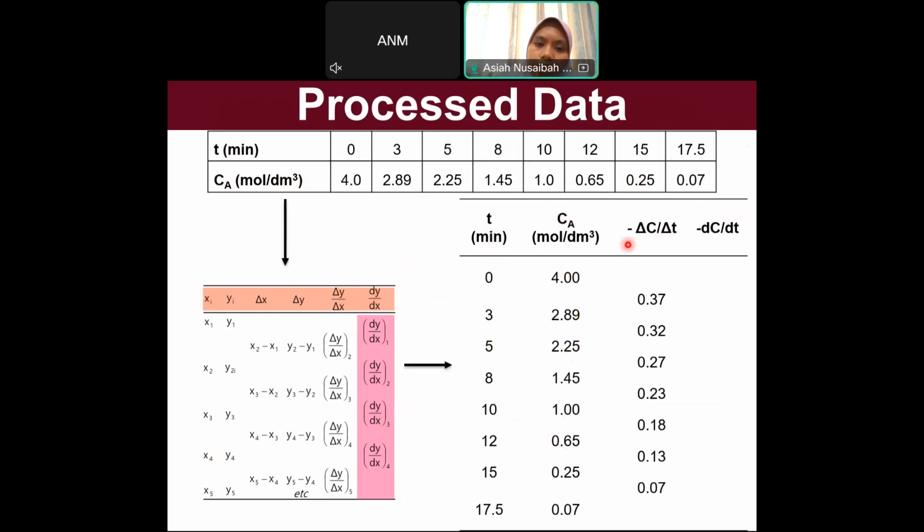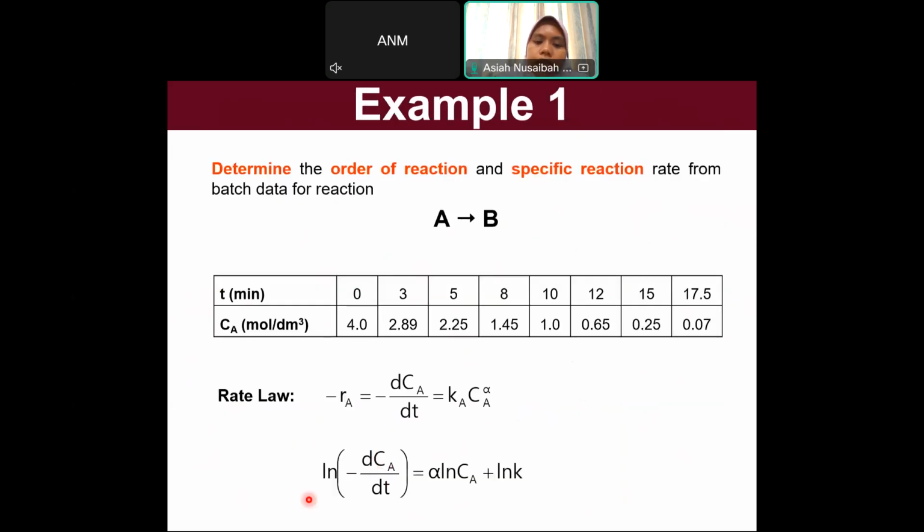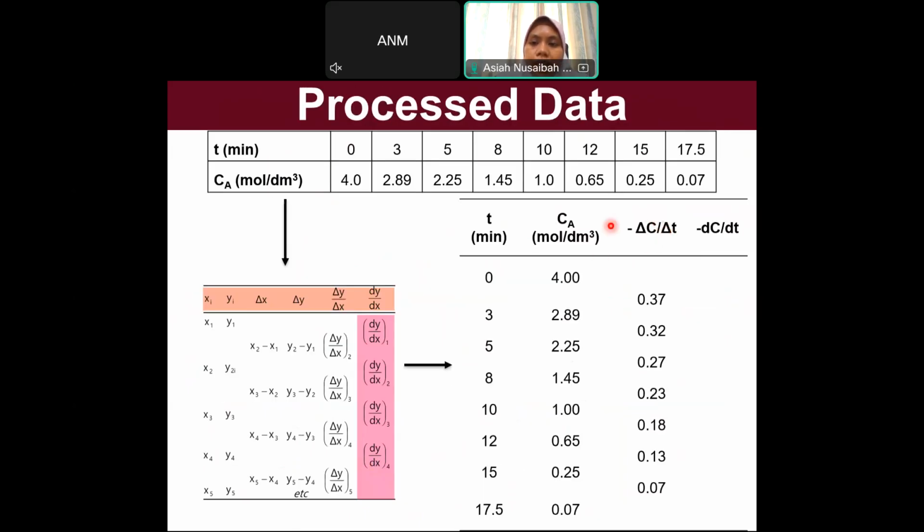Why suddenly minus when this one is positive? Remember, in this equation we want to plot ln(minus dC_A/dt) equals alpha ln C_A plus ln k, so the y-axis term is in minus form. That's why we can simply add the minus term.